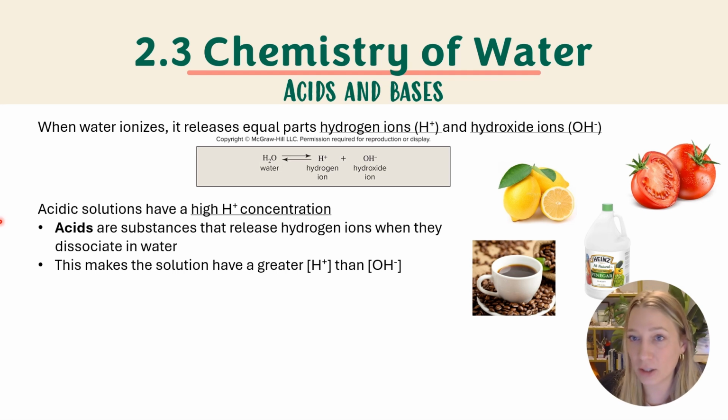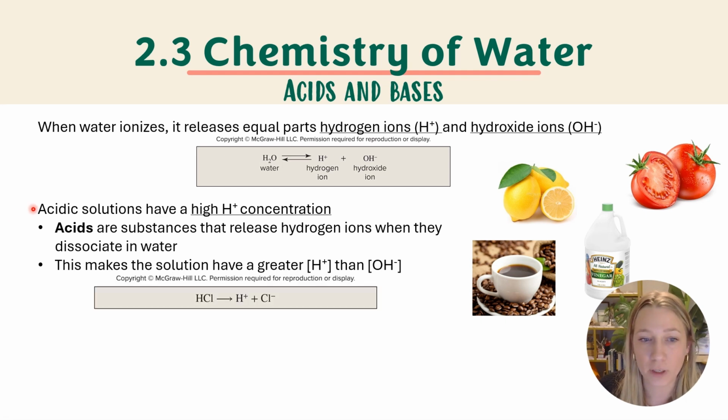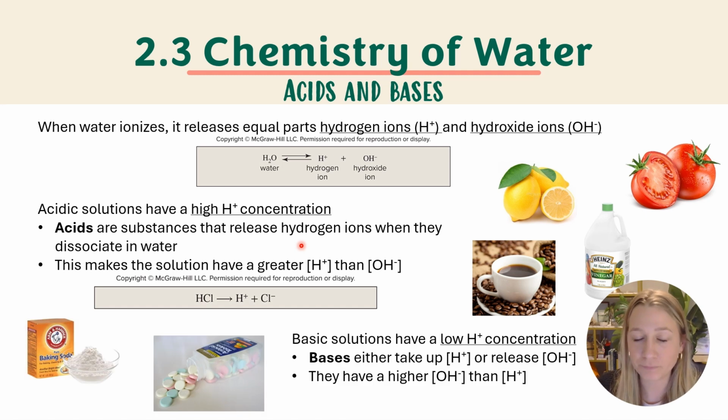Examples of acids include vinegar, lemon juice, coffee, tomatoes. HCl is an example of an acid, hydrochloric acid, and when this ionizes or dissociates in water, we're left with hydrogen ion and chloride ion. So because we have more H+ than OH-, this is an acid when it ionizes.